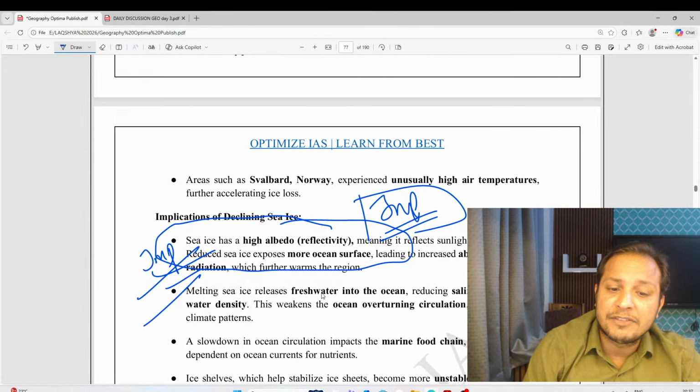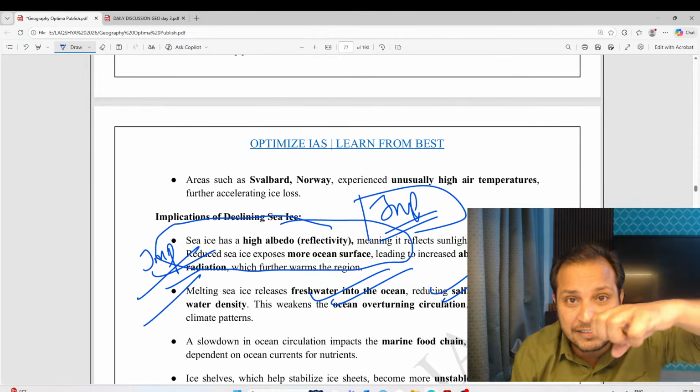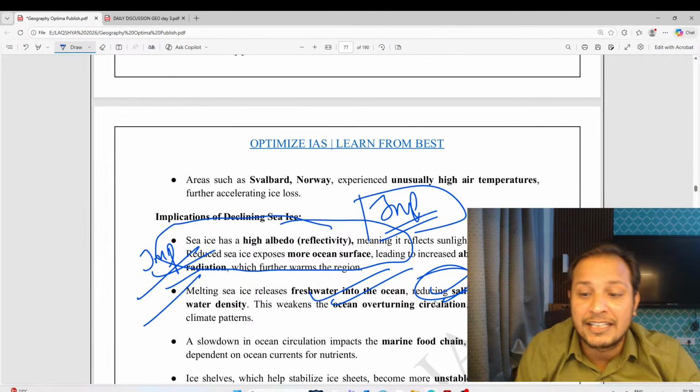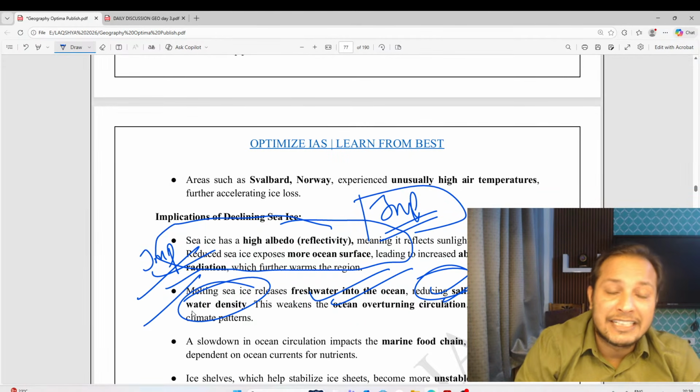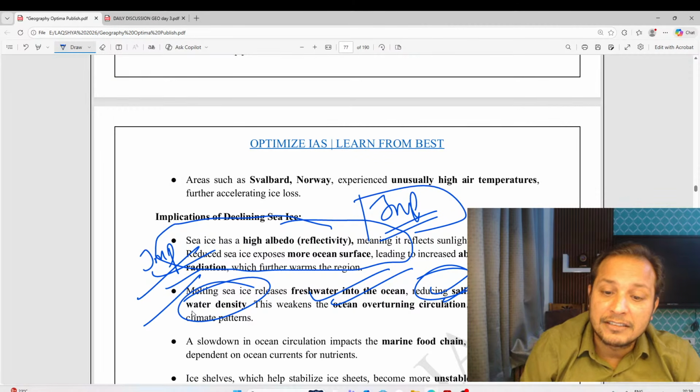Melting of sea ice will also release fresh water into the ocean, reducing the salinity and sea surface density. So the impact of sea ice melting is reducing the salinity and reducing the density of the sea water. This will weaken the oceanic overturning circulation.